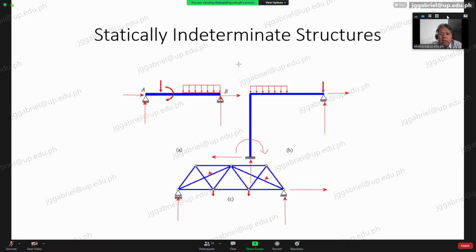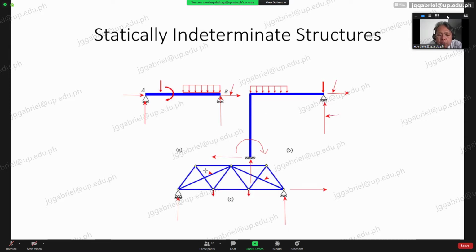Based on the redundant members, redundant reactions, or redundant supports, we can tell whether it is internal or external. If it is a redundant support, then it is external. So what is the redundant support here? This one, then this one, and this one.